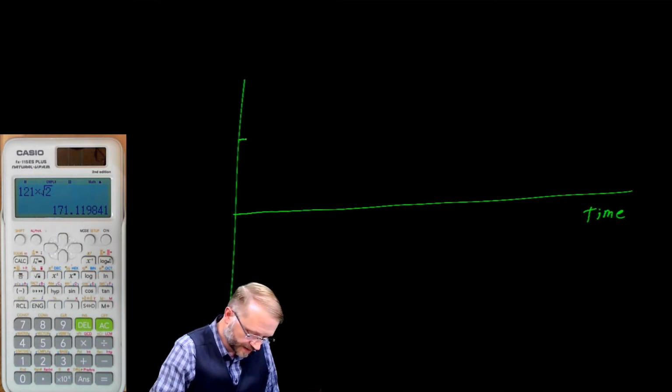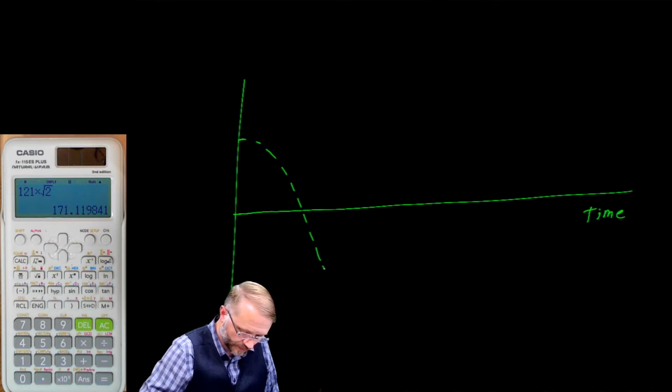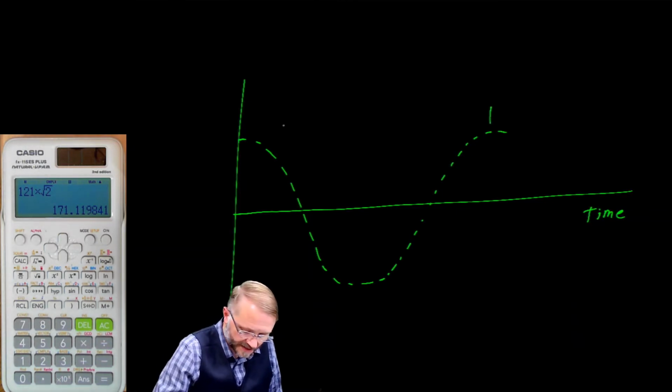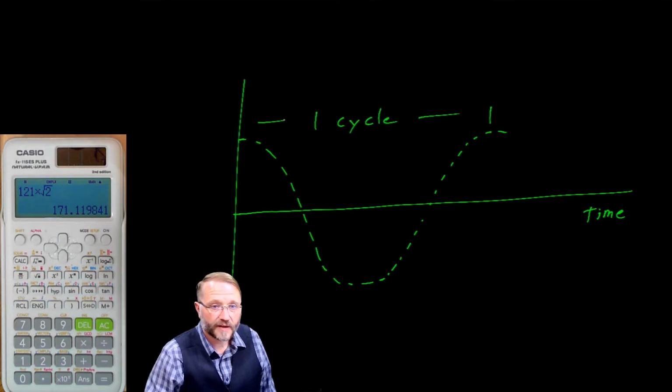And then let's draw our waveform in. We'll use a cosine this time. One cycle is from peak to peak. You could think of that as peak to peak, or you could think of it as 0 to 0. Either way, it's the same thing. It's one cycle, one complete revolution.